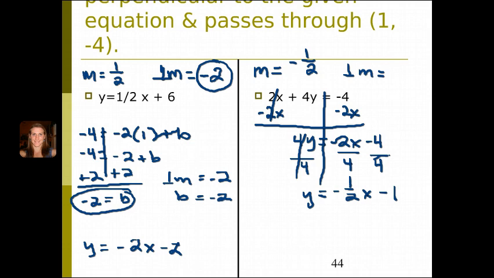I have to use my perpendicular slope in the equation along with my x and y. So I have -4 for my y equals 2 times 1 plus b.